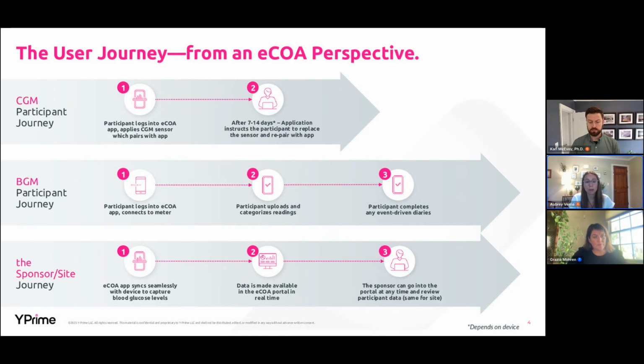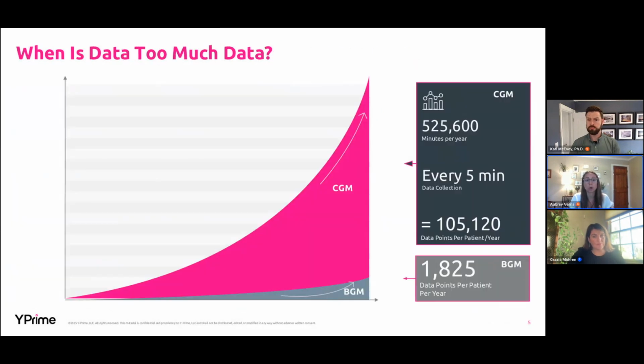So with that, I want to jump into talking about the data itself. With CGM, there's a significant amount of data that is uploaded and needs to be managed versus BGM. And that's what I want to focus on and dive into a little bit here today.